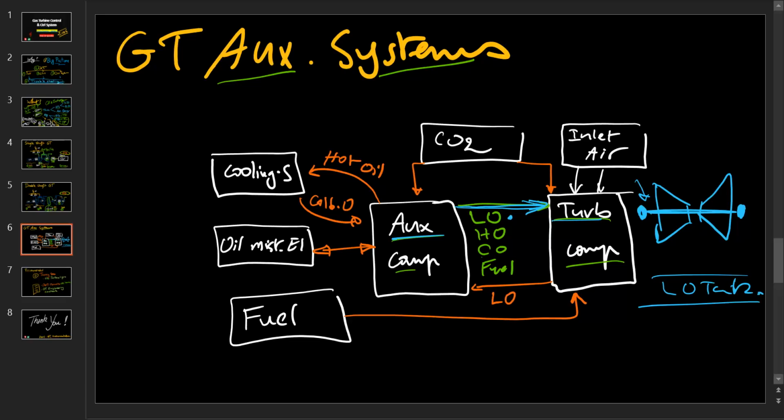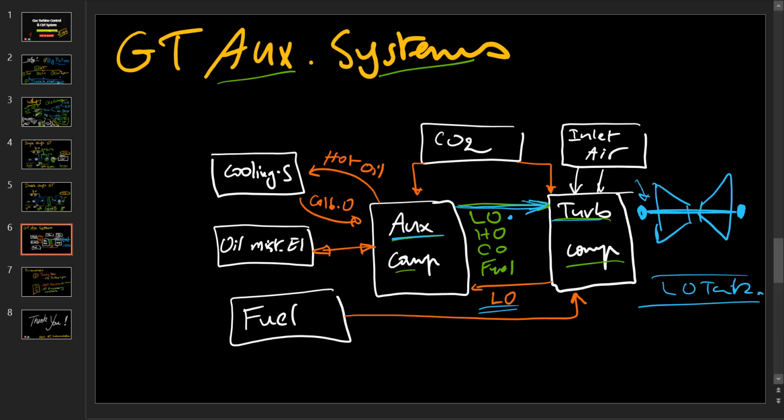And from the turbine compartment to the auxiliaries compartment, we have lube oil return mainly, because we'll see that in cases of trip, emergency shutdowns, there will be hydraulic oil draining or control oil drain.